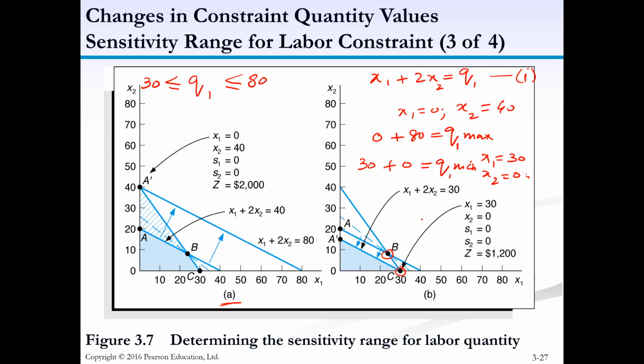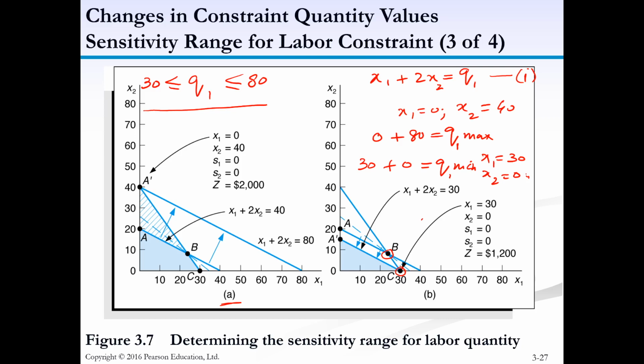Now with changing to 80, we have x1 becomes 0 and x2 is equal to 40, and when we change it to the downward side, we get x1 is equal to 30 and x2 is equal to 0. So this is the range over which we can vary, and we will have the same solution variable mix.